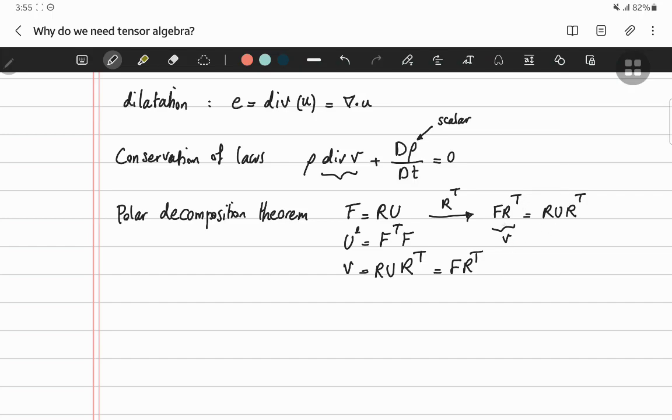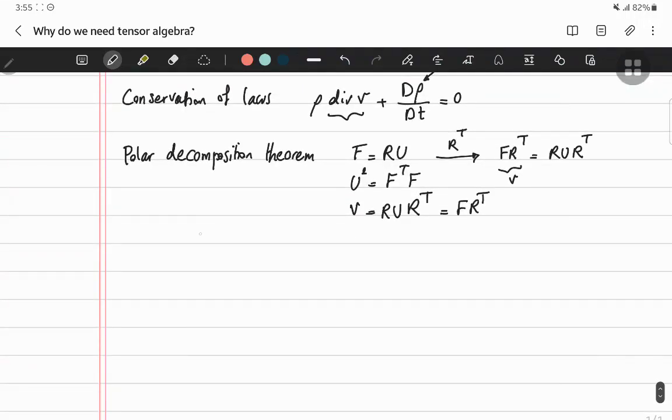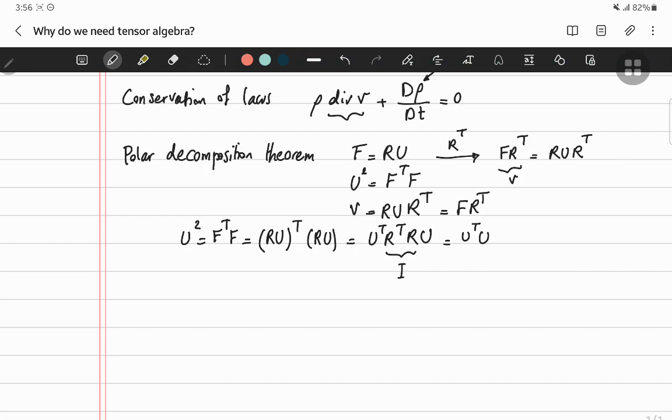So you have to know how to manipulate and how to work with these. Or for example, if U squared is equal to F transpose F, and F is equal to RU, then RU transpose RU basically is equal to U transpose R transpose R U. And you know that R transpose R is nothing but I. Then you have U transpose U, and due to the special properties of this U, you will get finally U squared.